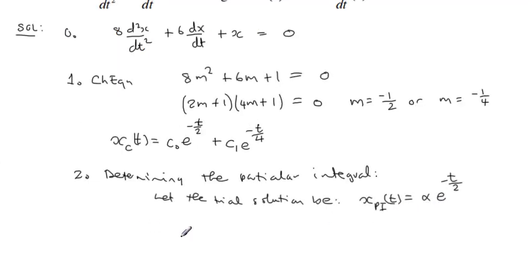Differentiating this, we get minus alpha over 2 e to the power minus t over 2, which in this case is our first derivative of our suggested particular solution. And then the second derivative is alpha over 4 e to the power minus t over 2.